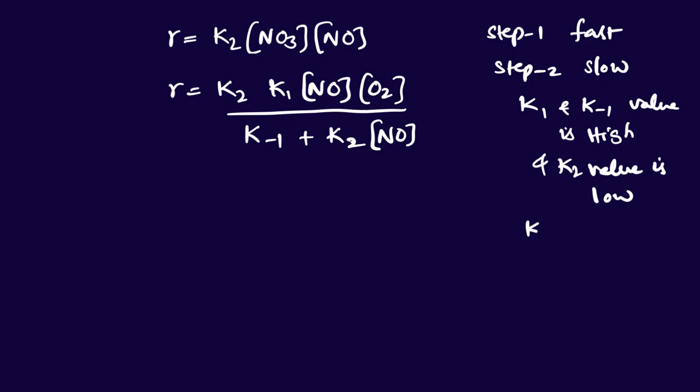So the K2 NO term is lower than K minus 1. Therefore, we can neglect this term.